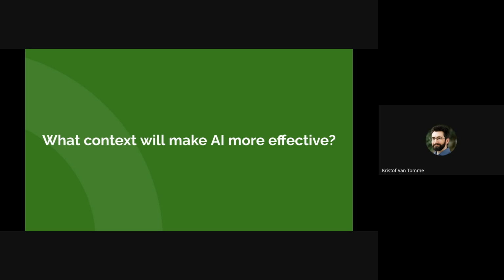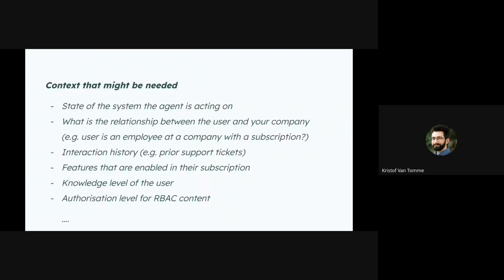But if you're talking about a shared system where multiple people are working together and collaborating with each other, then that poses different requirements. And context that you might need then is information about the state that a system is in, that the customer is interfacing with, where the agent is acting. What is the relationship between the user and your company?